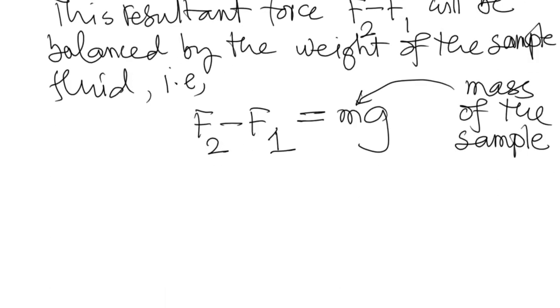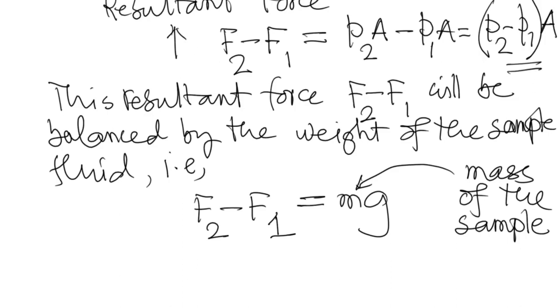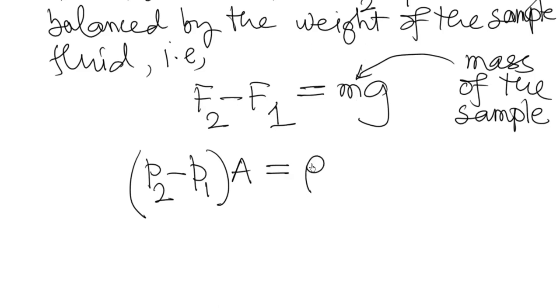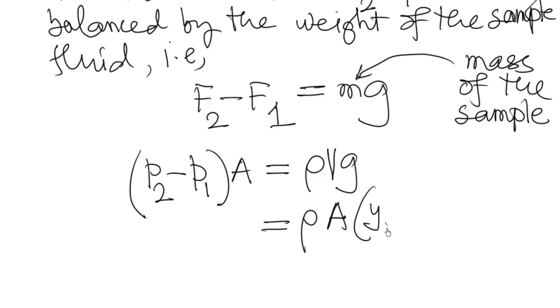But this F2 minus F1 is this one, and the mass of the sample fluid is density into volume, and volume is area of cross section into the height of the sample, which is y1 minus y2.